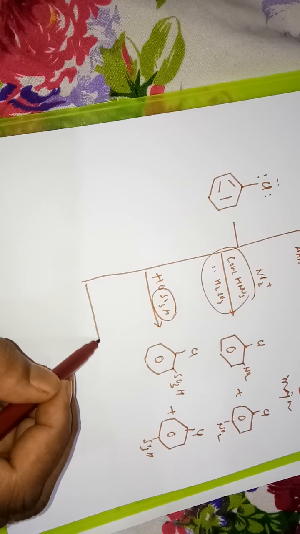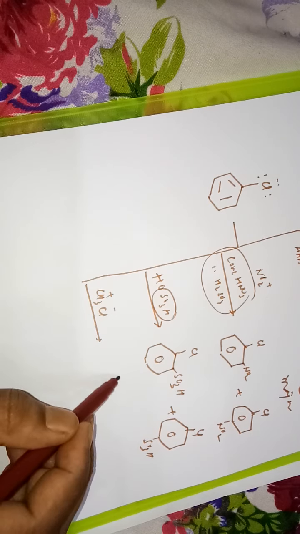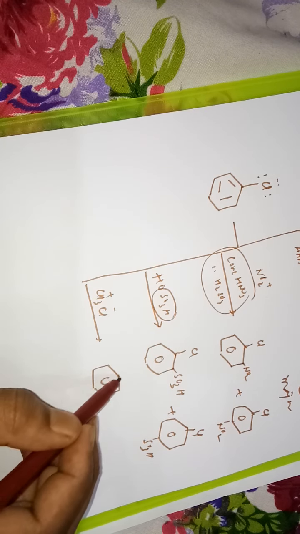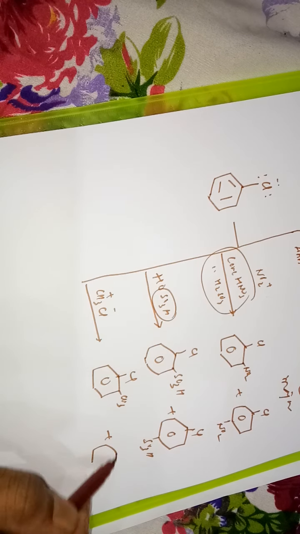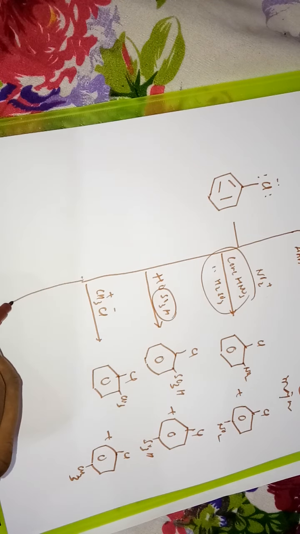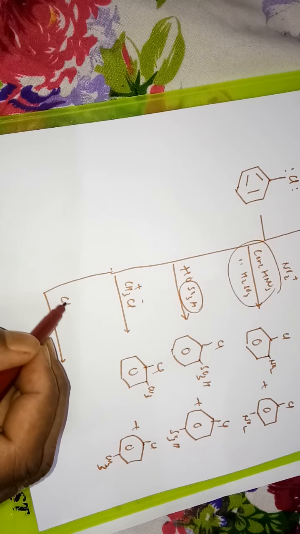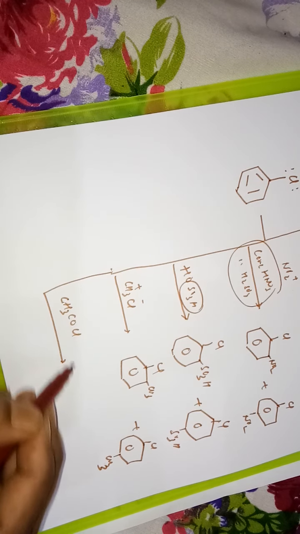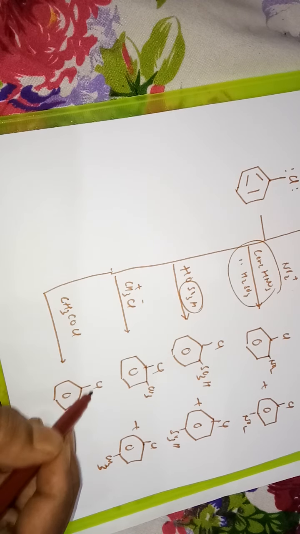Now if I add CH3Cl, the CH3 positive part will add at the ortho or para position. Now if I use CH3COCl, it also enters at the ortho or para position.